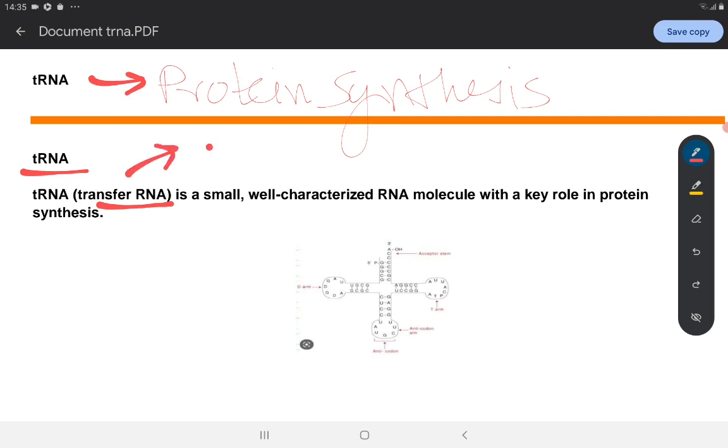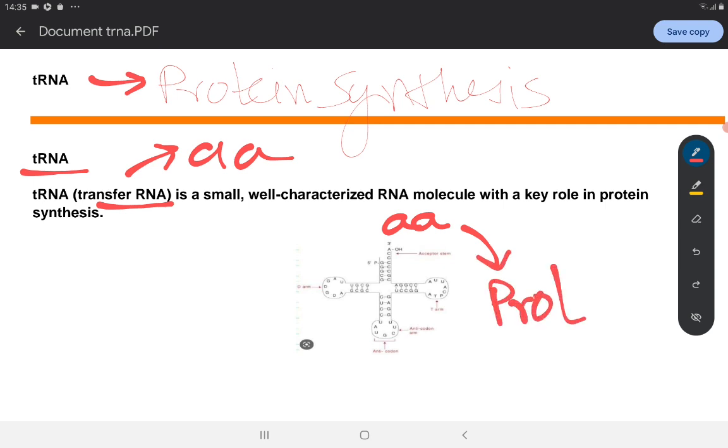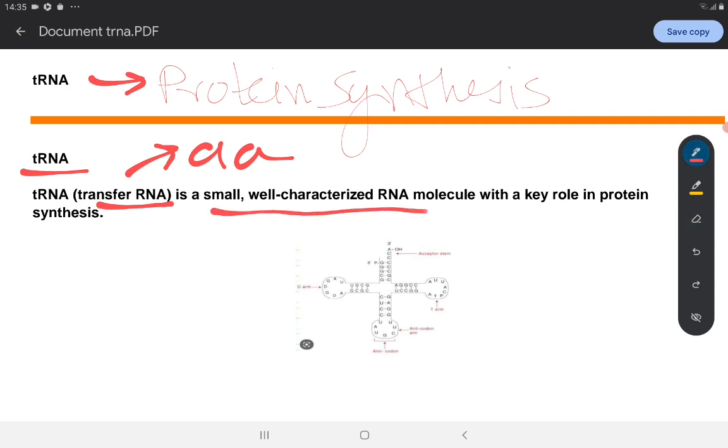It transfers amino acids to be encoded into protein. It brings charged amino acids and it inserts or transfers them into protein. So this is the function of transfer RNA or tRNA, right? So it is a small, well characterized RNA molecule with a key role in protein synthesis, or in translation.